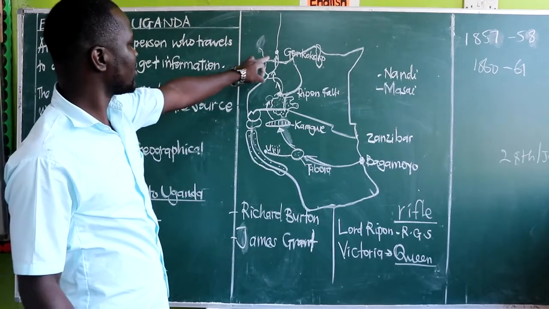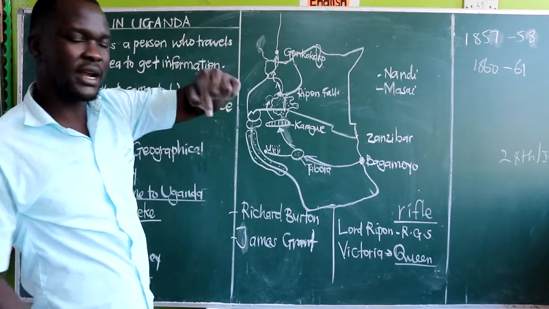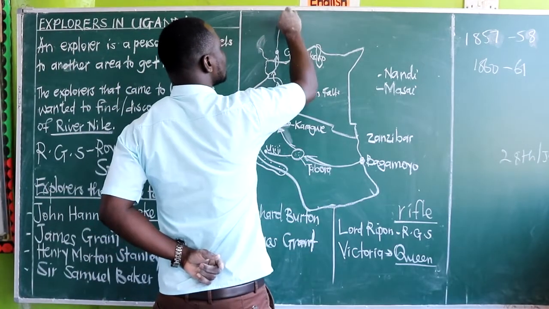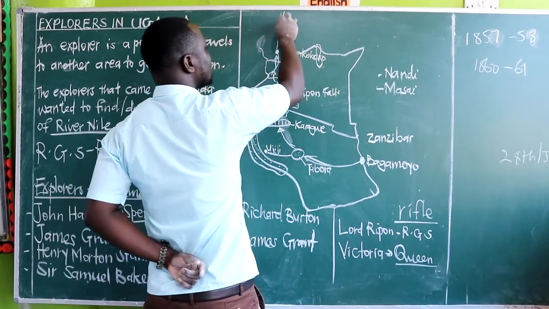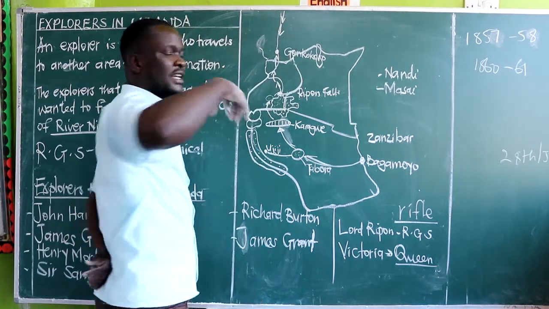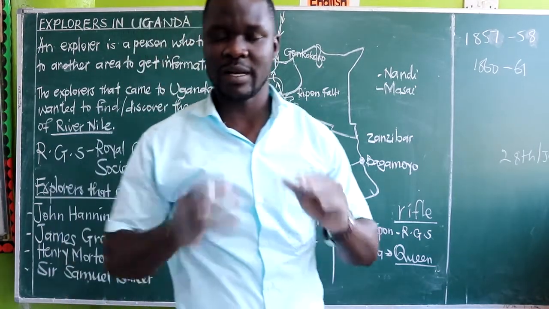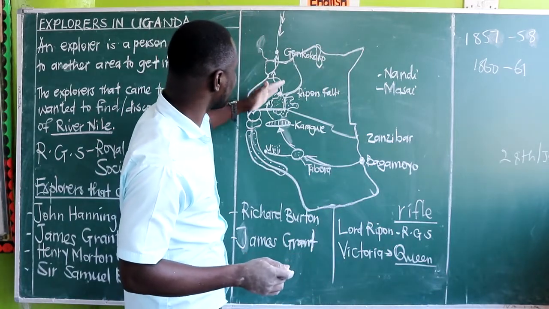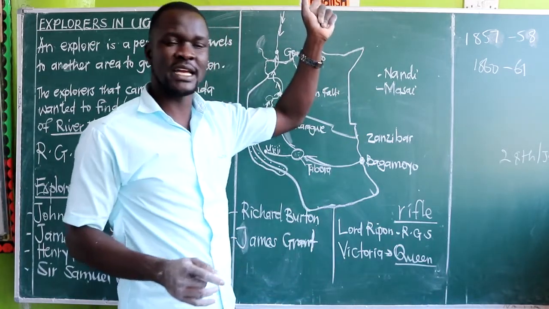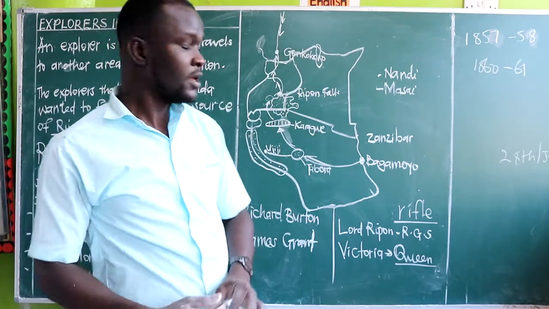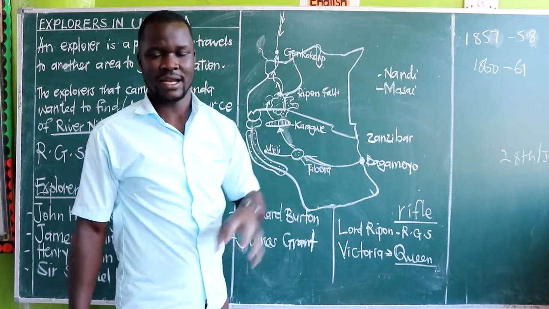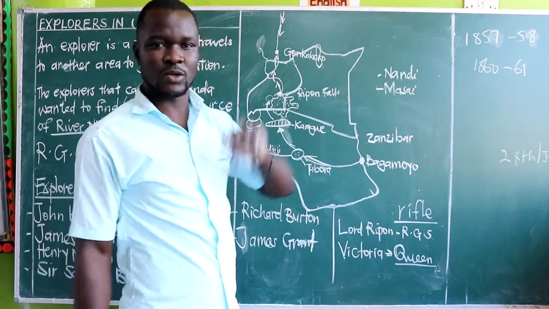There he met another explorer, who was also following the Nile from its mouth. Remember, the mouth of a river is the place where a river pours its water. So we say the mouth of River Nile is in Egypt, in the Mediterranean Sea. So we have this explorer who had tried to follow the Nile from where it pours its water.